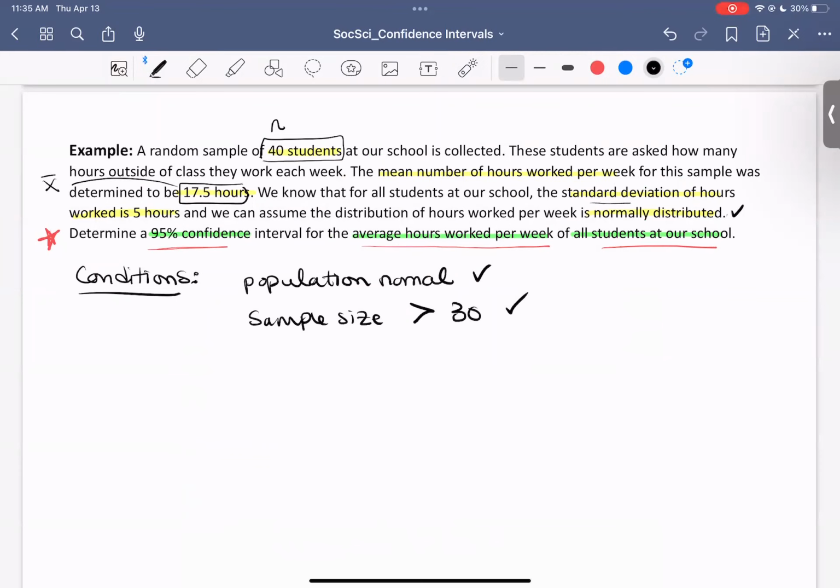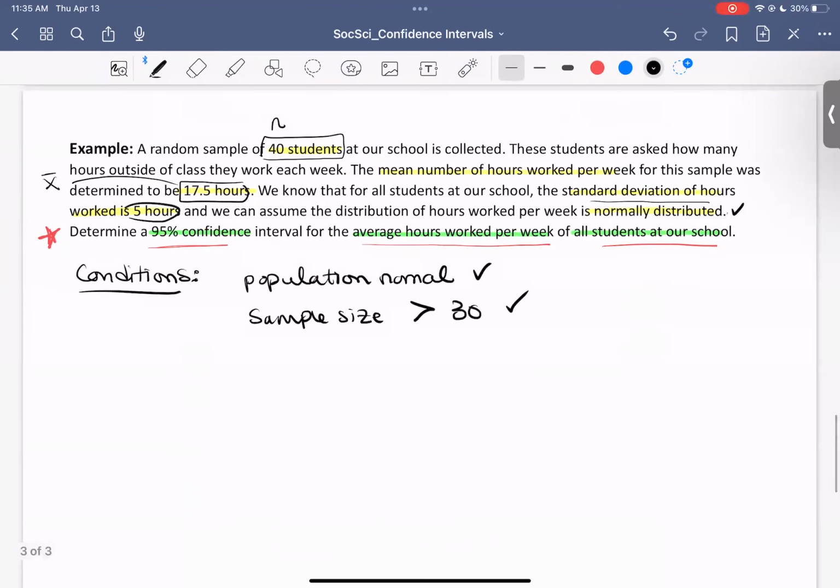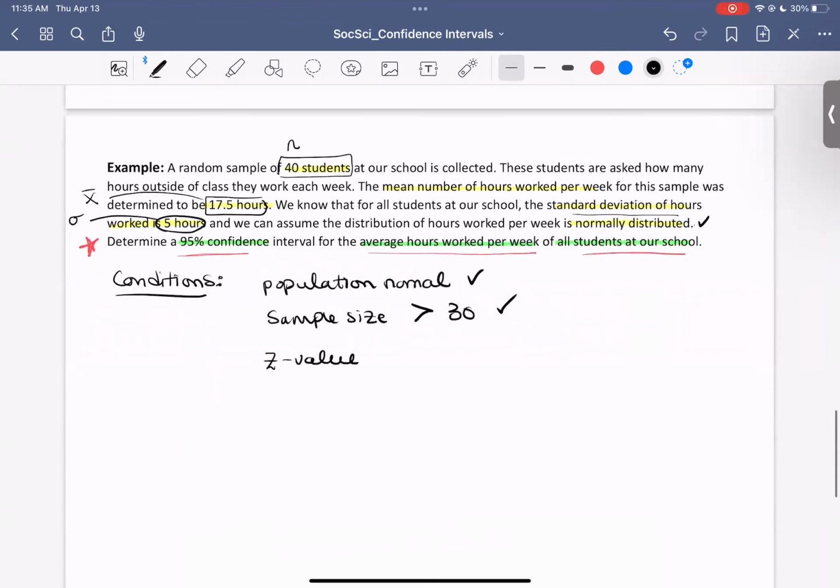We know the standard deviation of hours worked is 5, so that's sigma. So all we need to know is our Z value. So what is our Z value for 95% confidence?